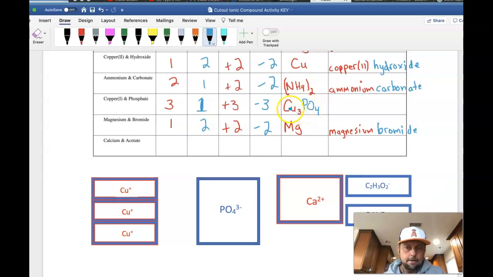No parentheses needed for phosphate because there's only 1 polyatomic ion. And the name is going to be copper, Roman numeral 1, and I'll stick with the color coding, phosphate.